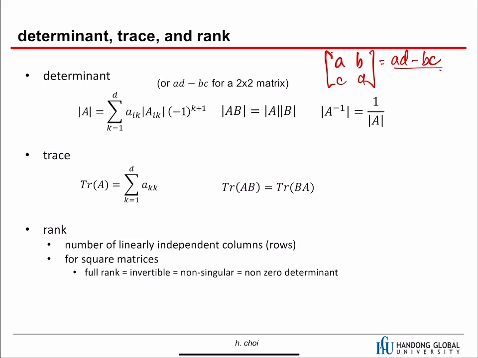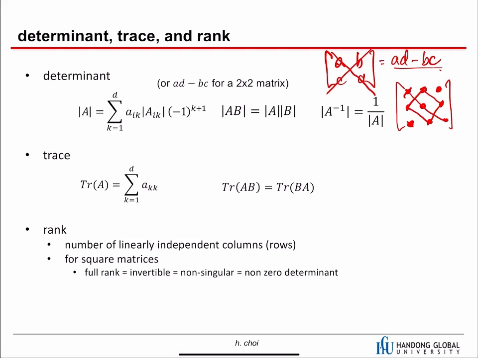This one says A times D minus B times C. When we have a 3 by 3 matrix, the determinant can be calculated by this: multiply this one and this one and this one, plus multiply this one and this one and this one, plus multiply this one and this one and this one, and minus multiply this one and this one and this one, minus multiply this one and this one and this one, minus multiply this one and this one and this one.